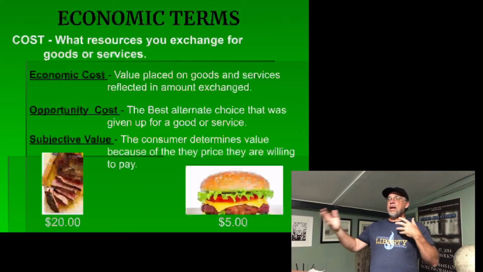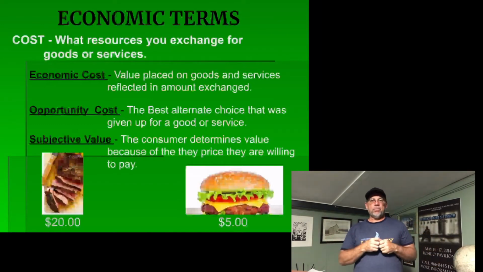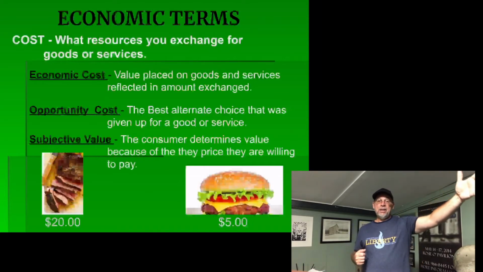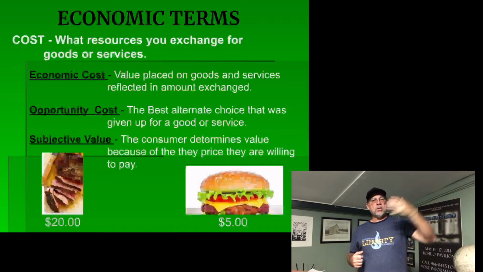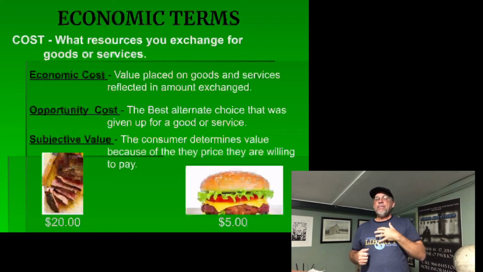So let's say I have this choice between spending, I have a $20 bill in my pocket, so I can go and buy this steak for $20, and I love steak, okay?